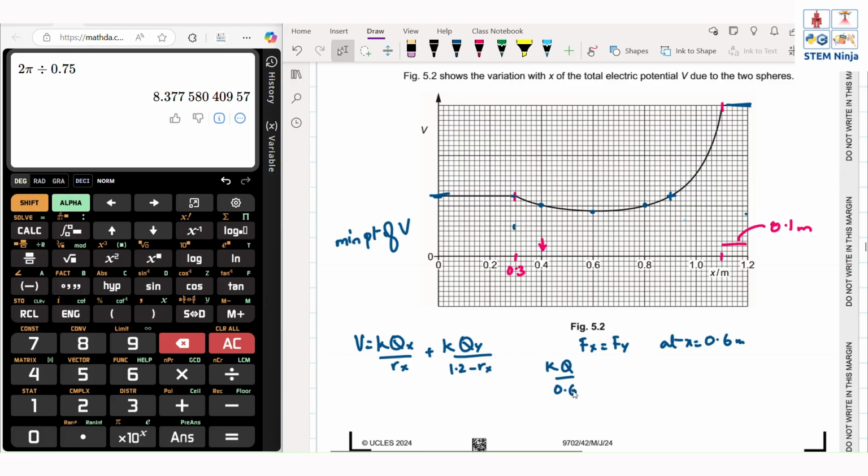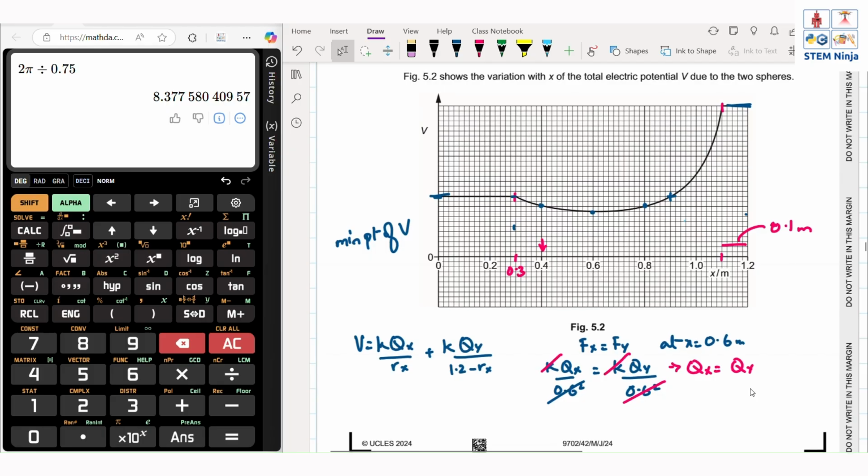Let's go with 0.6 squared now. This is kQx over 0.6 squared, equal to kQy over 1.2 minus 0.6, so 0.6 squared. So this cancels, this cancels, this cancels. So obviously this means that Qx is equal to Qy.